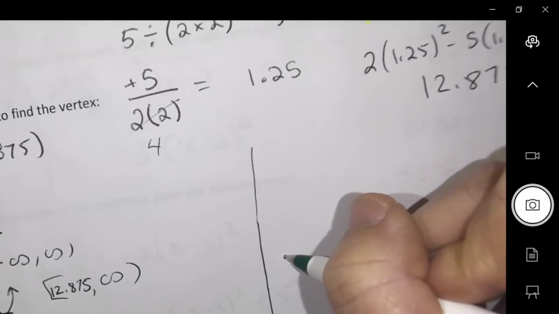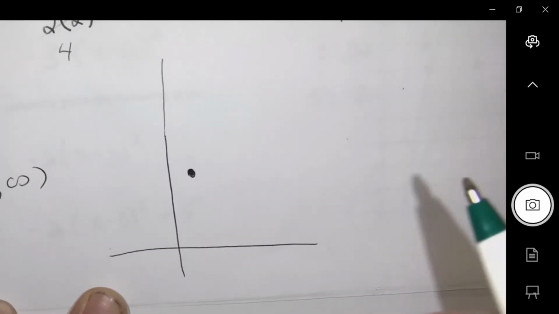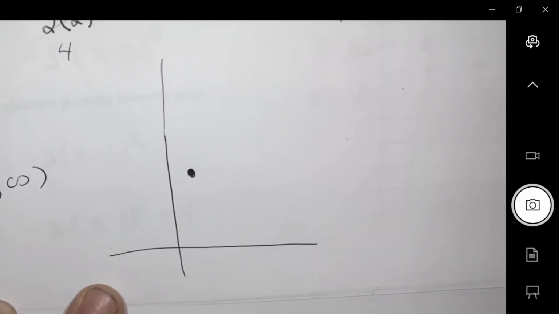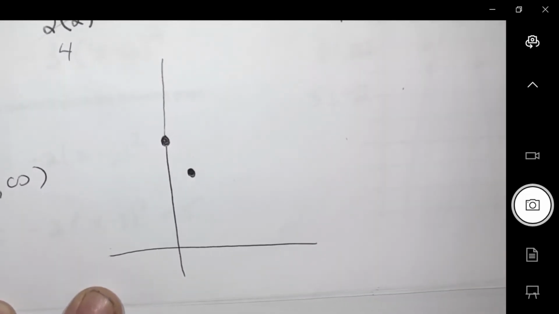So my vertex would be in this quadrant, right? And my y-intercept is higher than that.